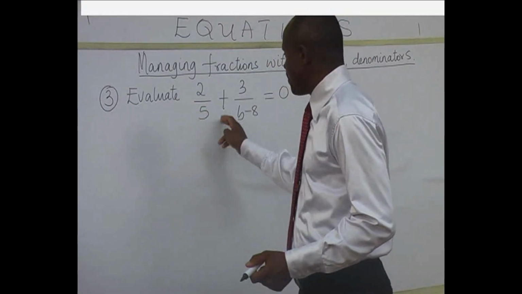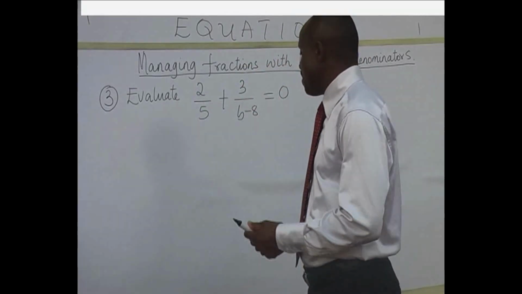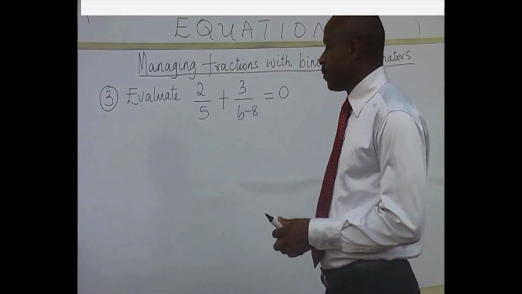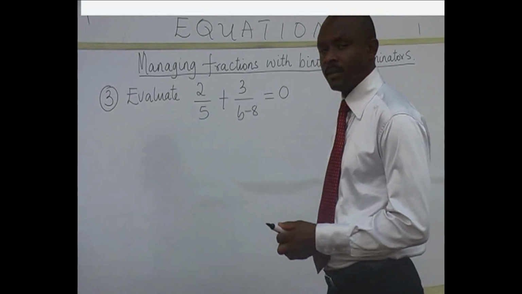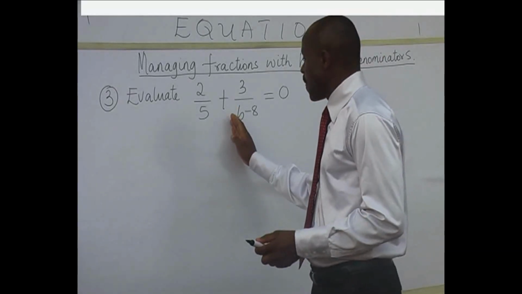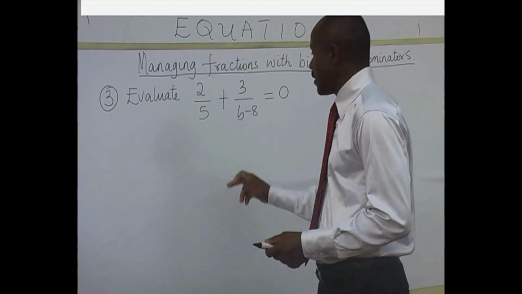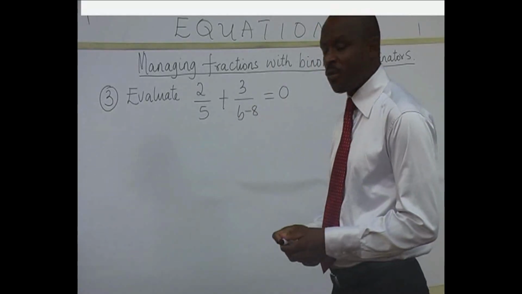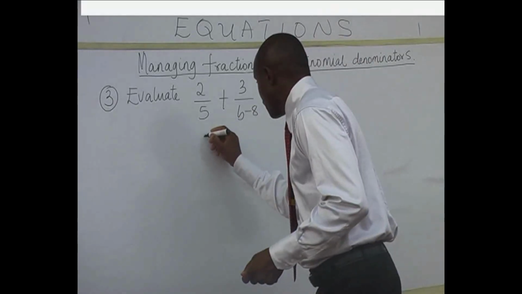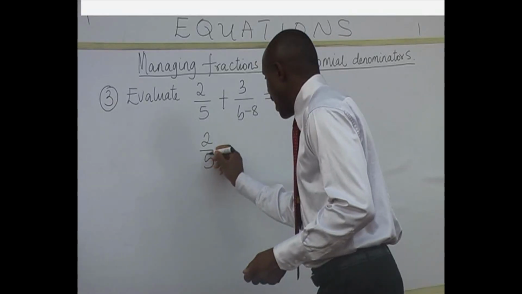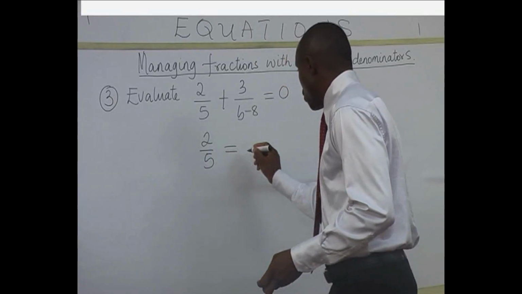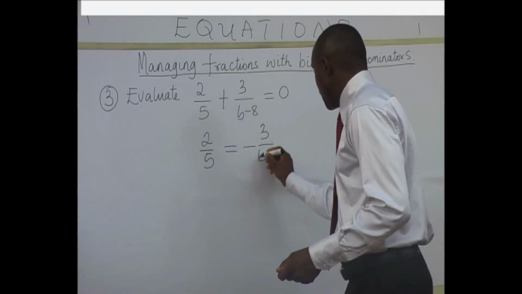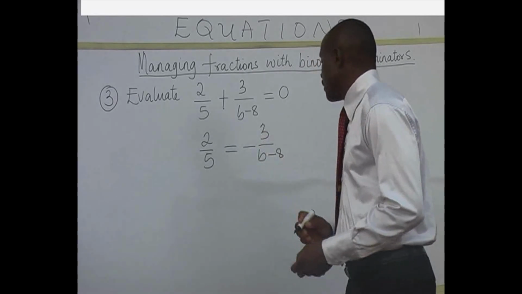Evaluate 2 all over 5 plus 3 all over b minus 8 is equal to 0. When you are given this, move 3 all over b minus 8 to the right hand side of the equation. When you do so, you're going to have 2 all over 5 left in the left hand side of the equation. It will now be equal to minus 3 all over b minus 8.